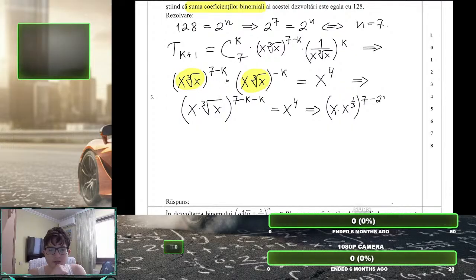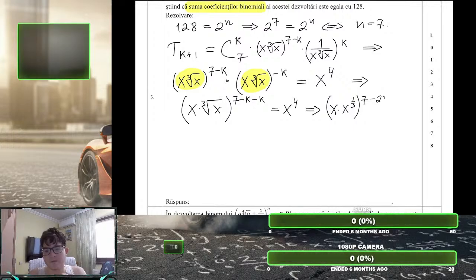x, power, boom. How do I work it out? Yes, bro, if it's x times x to the power of 1 divided by 3. So x times x, that's just x to the power of 2. So times that, x to the power of 2 divided by 3.